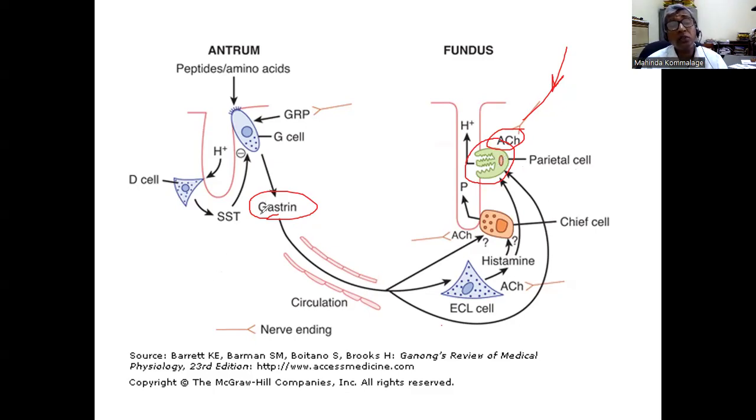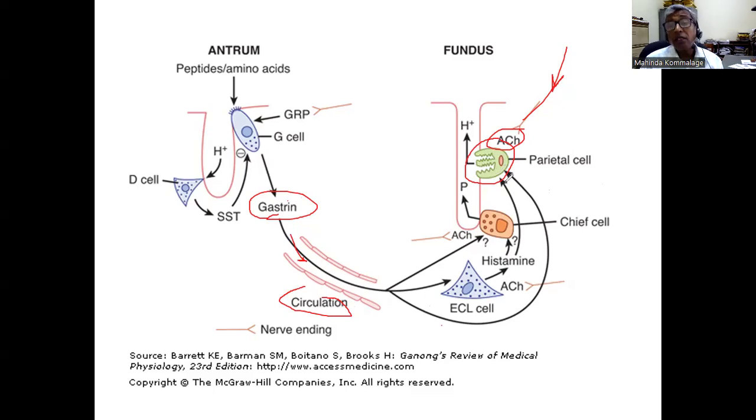Gastrin is secreted from cells in the lower part of the stomach, but it enters the blood vessels. You can see the circulation, and through the blood vessels it will come to the parietal cells. Gastrin hormone acts on the CCK receptor and stimulates the acid secretion.